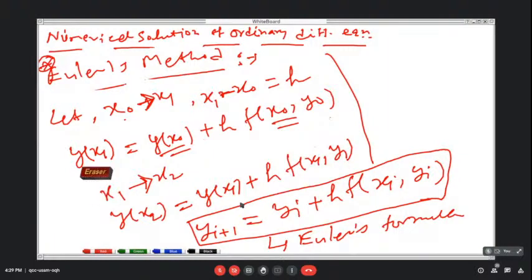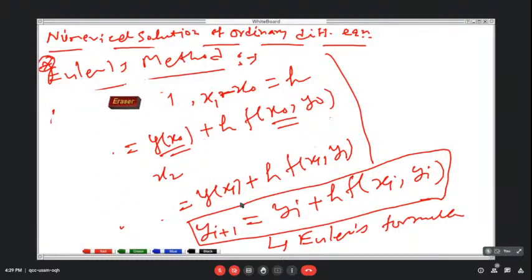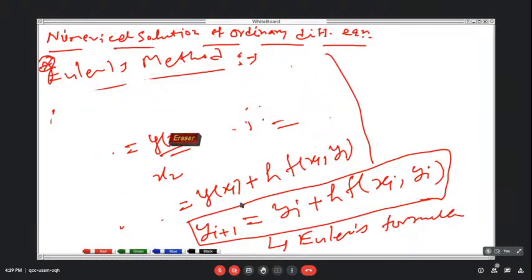For example, let's take an example, then it will be more clear.